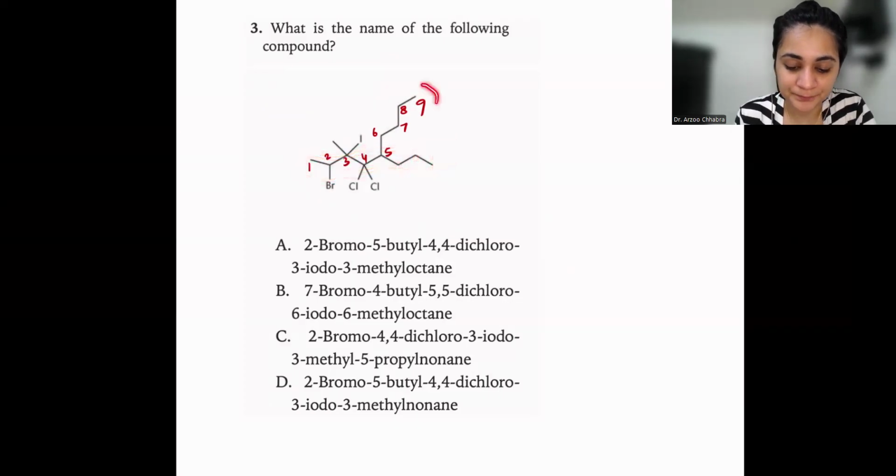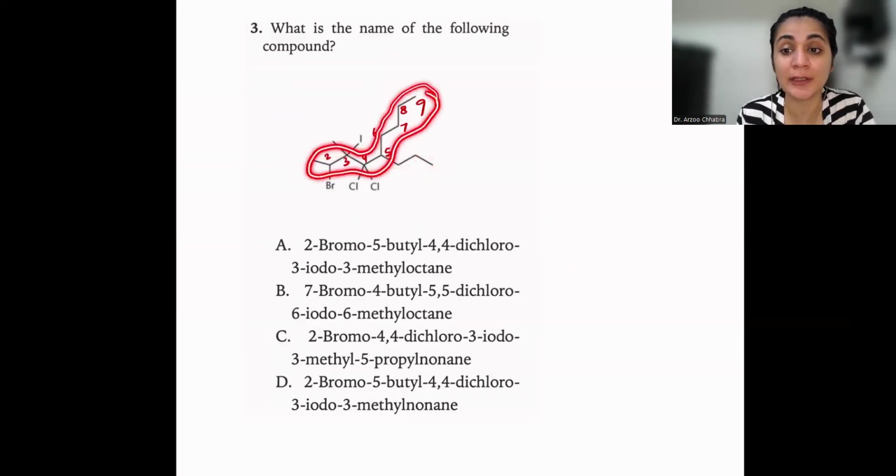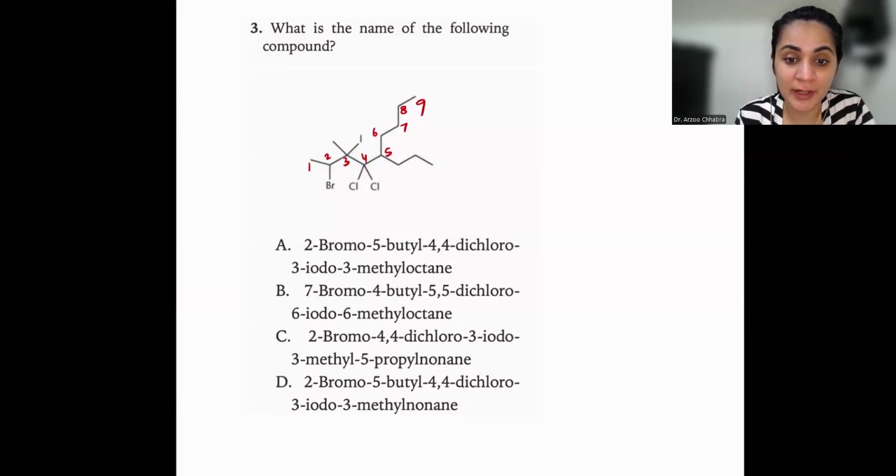But if I go here, I have 9 carbons in the parent chain, and I want the largest number of carbons. So that is why this is 9 carbons, which is nonane. So what I see is I do see C and D with nonane.